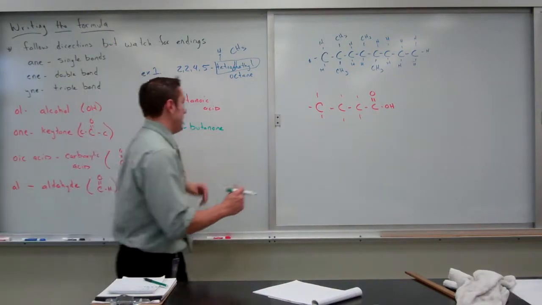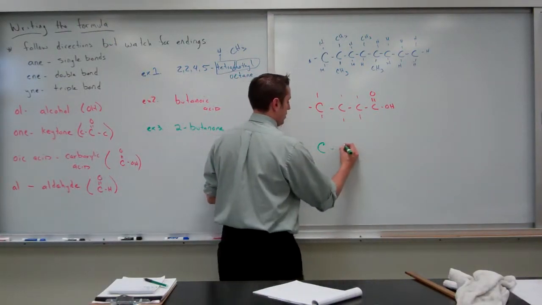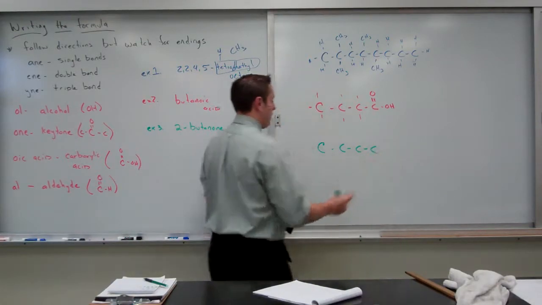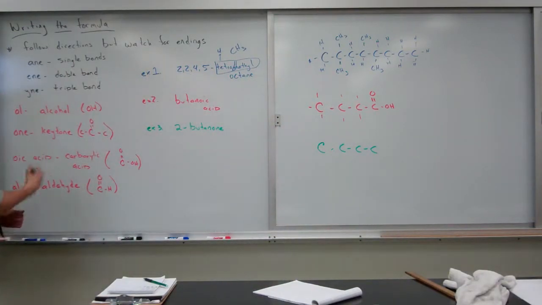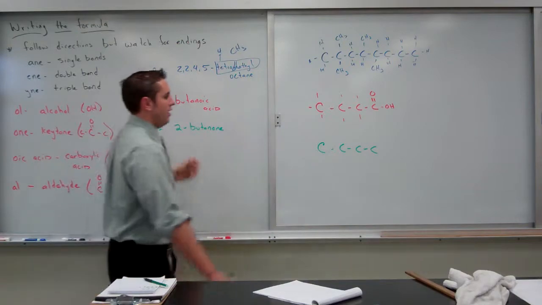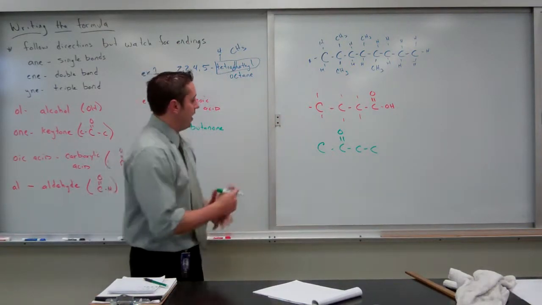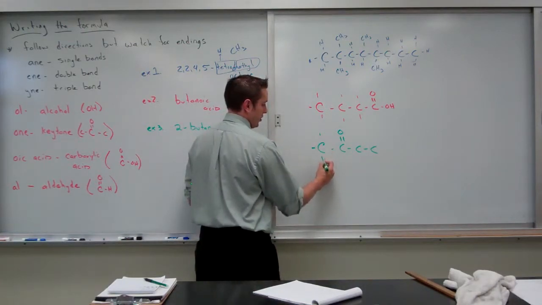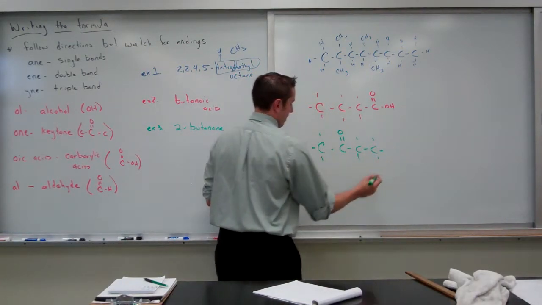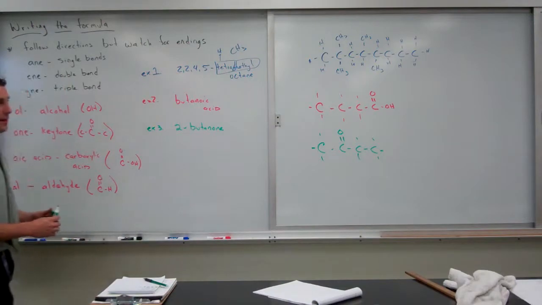Again, but- means 4. So 1, 2, 3, 4. -one means I have to put a double bonded O off of one of them. Well, which one? That's why the 2 is there. So I'm going to put a double bonded O right there. And then the rest of the spaces will get H's. Just like that.